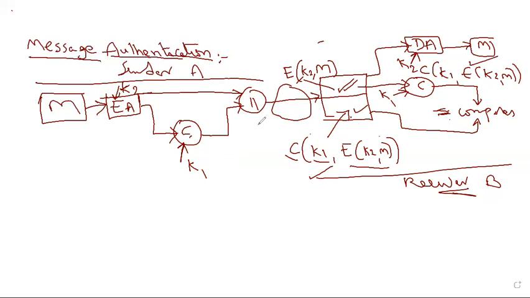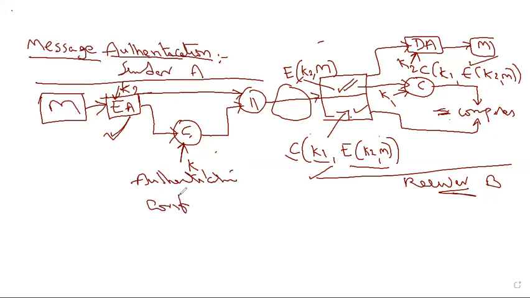Authentication and confidentiality both are provided, because in the earlier model there was no confidentiality, since plain text was sent to the receiver. But here we are not sending plain text. Ciphertext we are sending. So this particular configuration provides both authentication and confidentiality.